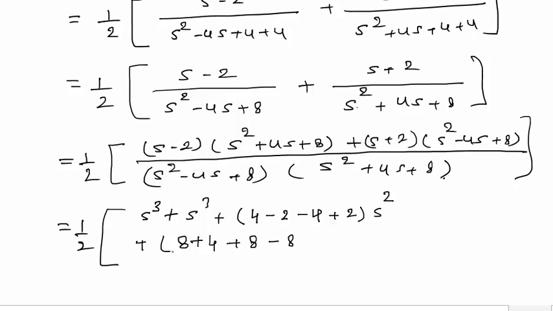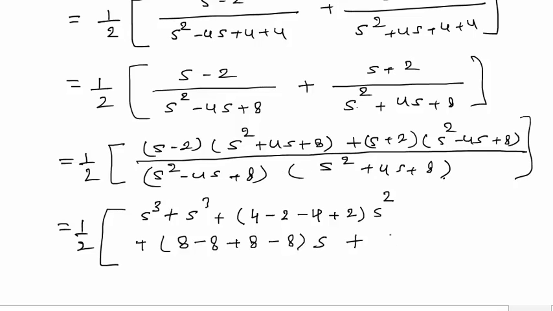Similarly, in the first bracket, s multiplied by 8 gives 8 and minus 2 multiplied by 4 gives minus 8, and here also s multiplied by 8 and minus 8, and this is my s term.